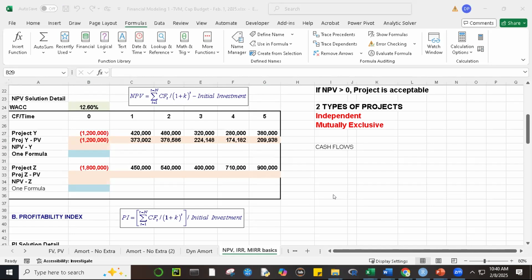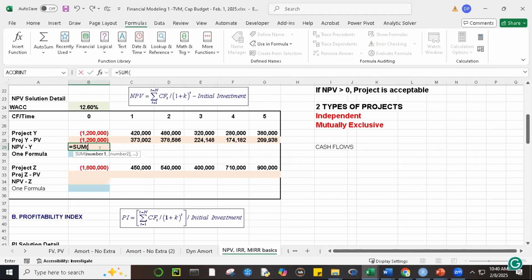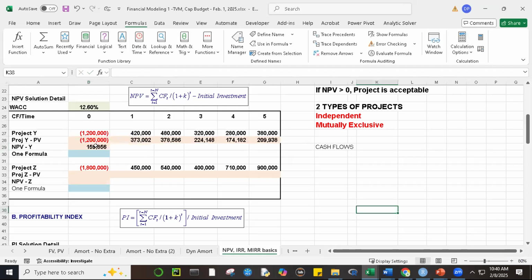Thank you. Yes, we can add them, class, because they now belong to the same time frames. So this is equal to the sum, let's sum them up here. So 159,856. The net present value of Project Y is positive 159,856.